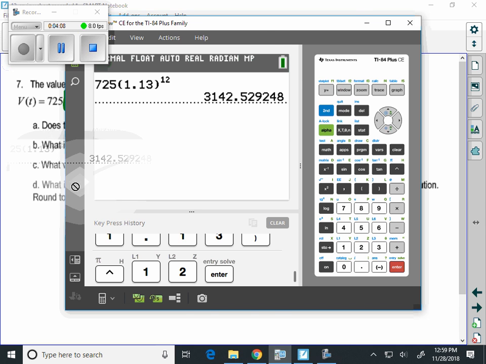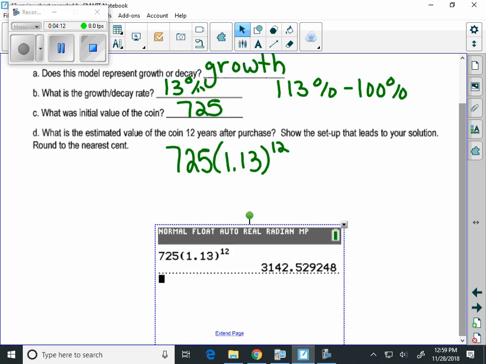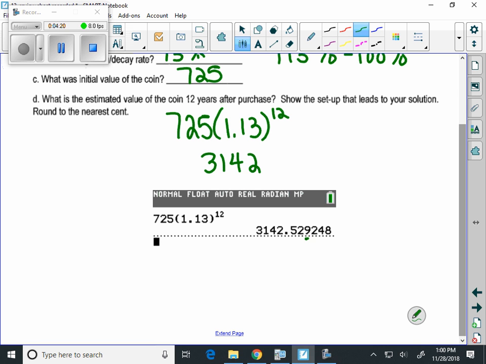We get this number. Let's see what our directions say in terms of rounding. It says round to the nearest cent. So when we round to the nearest cent, we get 3142. We look at the 9 to determine what to do to that 2. It's going to be 0.53.